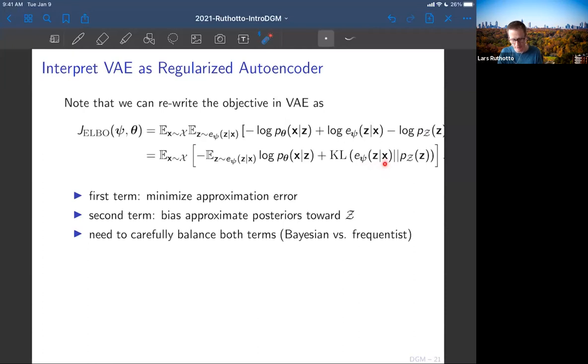So x is given around some part of the latent space. You have a Gaussian, and you penalize the KL divergence between that Gaussian and the whole latent distribution. It's a weird animal, because then you take an expectation also over the x on the outside.